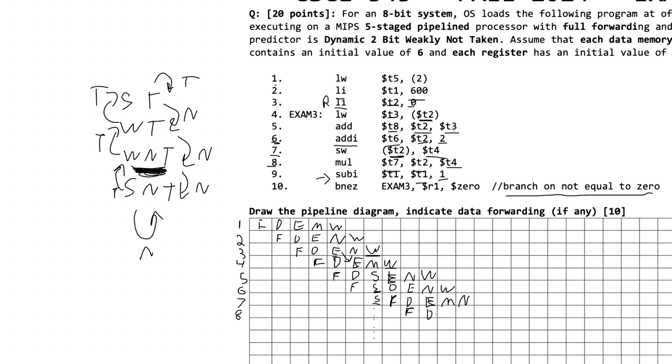Otherwise, I'm good to continue to code. Are there any data dependencies? Well, it may look like this guy over here would be a data dependency, but it's actually not. The reason is the parentheses mean an address. And when we have an address, this is saying the address in memory, not the register itself. So it's also saying that it's the address in memory represented by whatever is in T2.